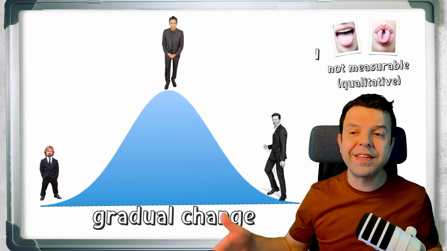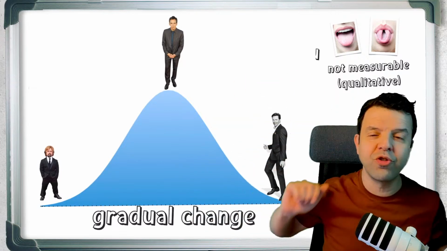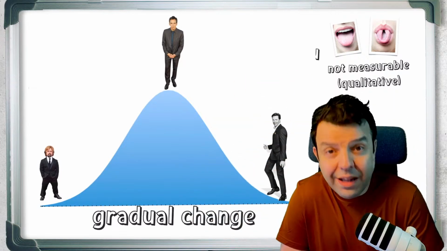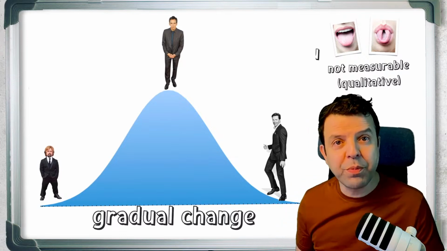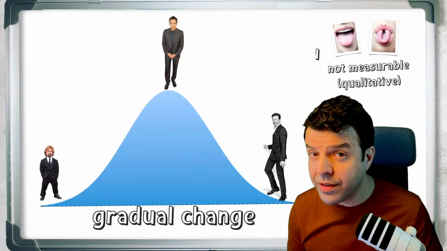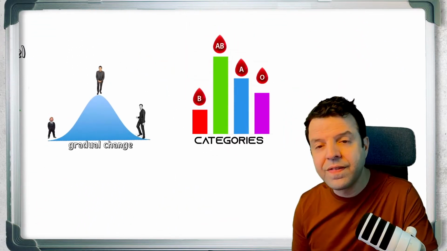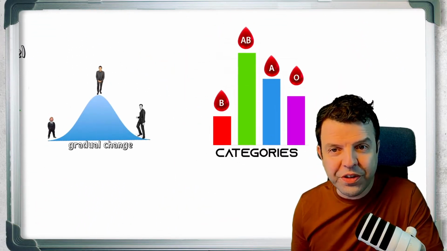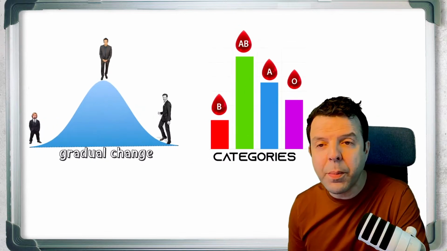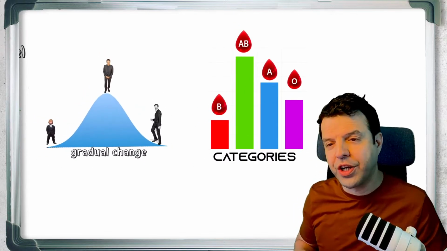It's always shown in a line graph. Remember how I represented discontinuous with a bar chart, see? So that is typical for discontinuous, and the line graph is typical for continuous variation.